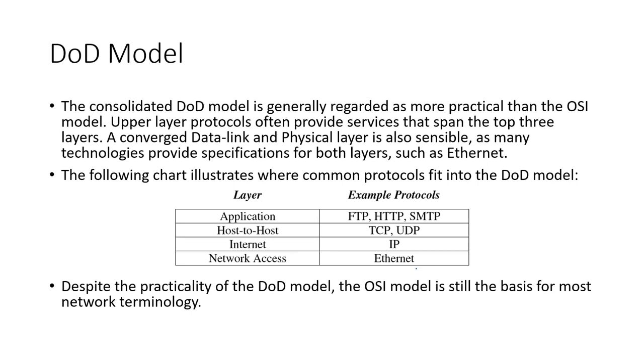Practically we use this DoD model, or we call it the TCP/IP protocol suite. This is very practical. But when it comes to theory, everywhere you see the OSI layer. The OSI layer is kind of something holy when it comes to textbooks.